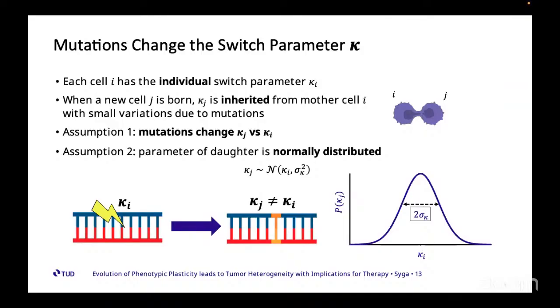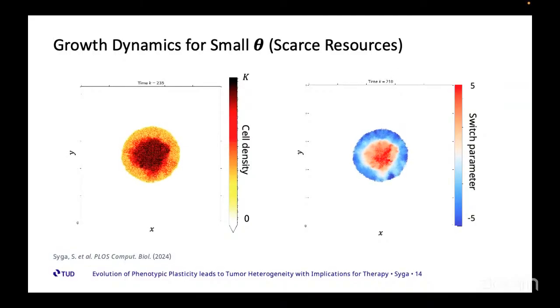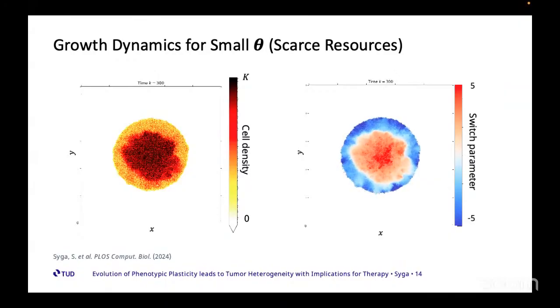Okay, so with all the ingredients in place, we can look at some simulations, first for tumor growth. And what I show here is the case where we have small theta, so scarce resources. And interestingly, what you see here is exactly this typical pattern that you are used to from glioblastoma. On the left, you see the cell density with this very high density tumor core surrounded by this low density infiltrative rim.